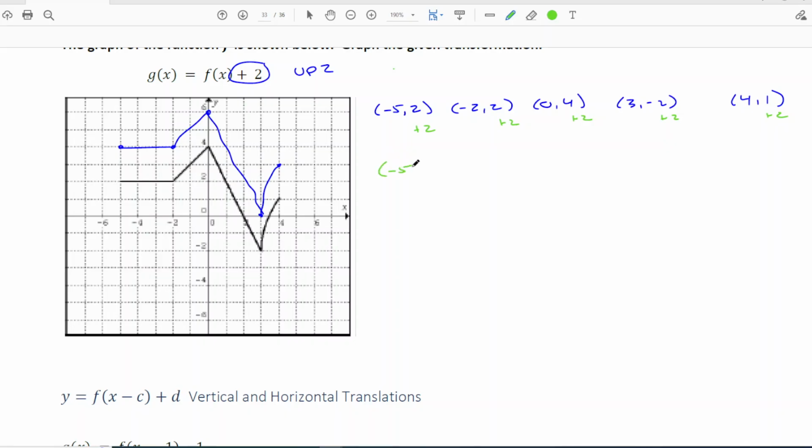Our new point would be negative 5, 4, check. Negative 2, 4, check. 0, 6, check. 3, 0, check. And then 4, 3. Awesome. All right, that is the end of the next video.